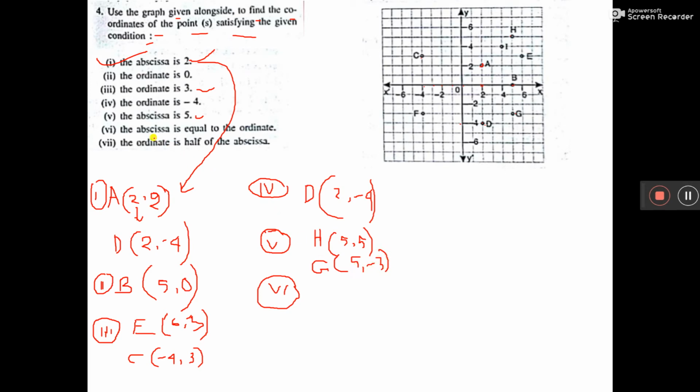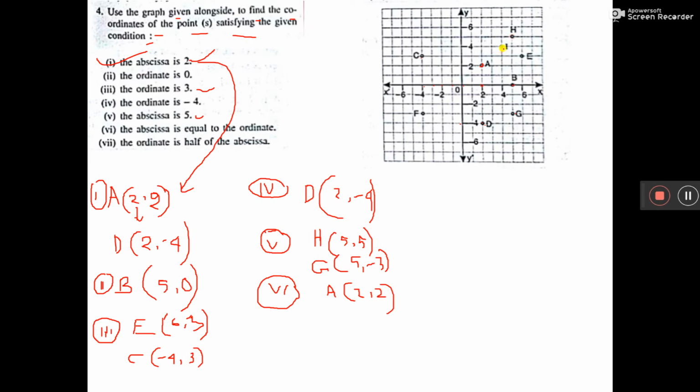Then number 6, the abscissa is equal to the ordinate. Where is abscissa equal to ordinate? Here, point A: 1, 2, 1, 2, so 2 comma 2, point A. That means abscissa and ordinate are equal; 2 is equal to 2. Any other point?